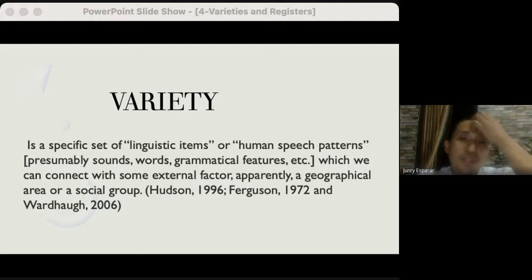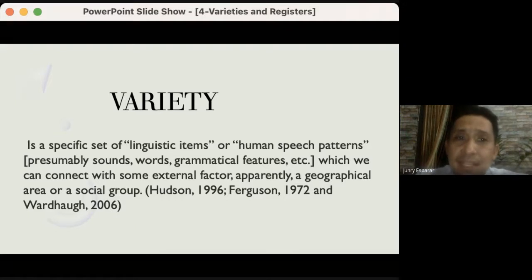That's why we are using American English, even in our pronunciation. We always say, thank you. But in British, we say thank you, right? Thank you. So you see, that kind of influence affects our way of saying something. So as mentioned here, it's linguistic items or human speech patterns. So that's a definition of variety.